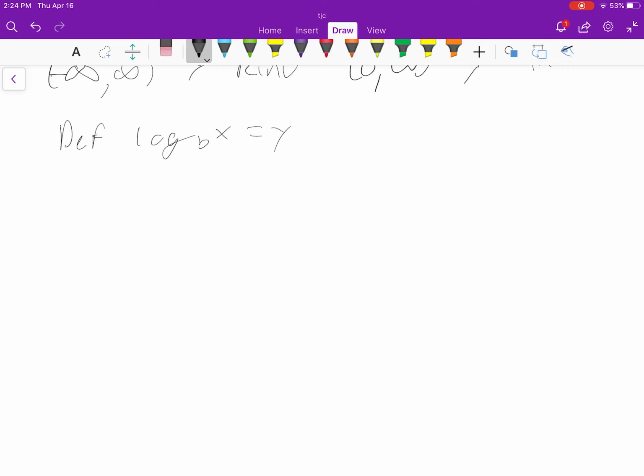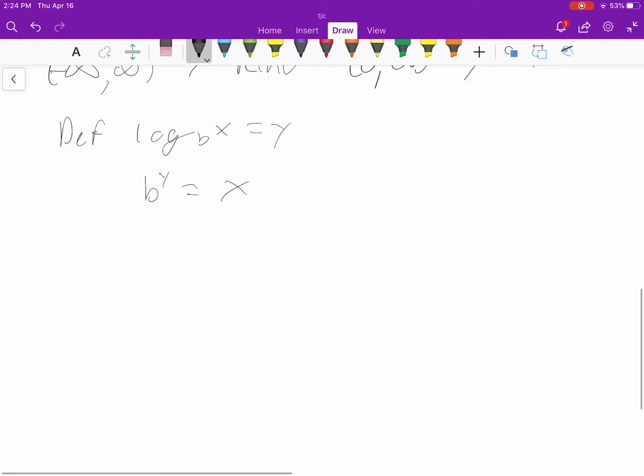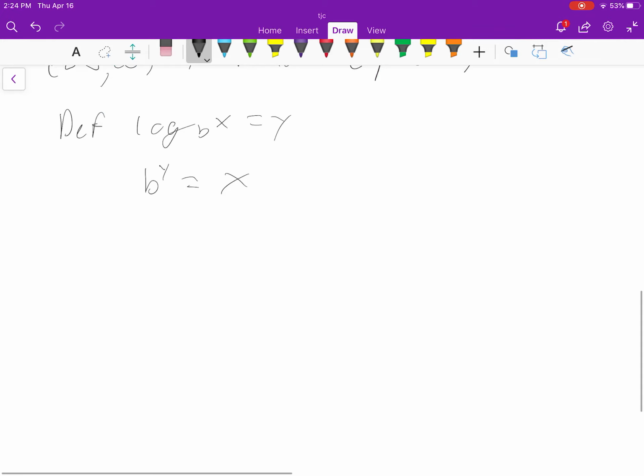So we have this logarithmic function, and it is such that we're solving the equation b to the y equals x. That's really the definition of this logarithm: you're solving for whatever value of y, when you raise b to that value, you get x.